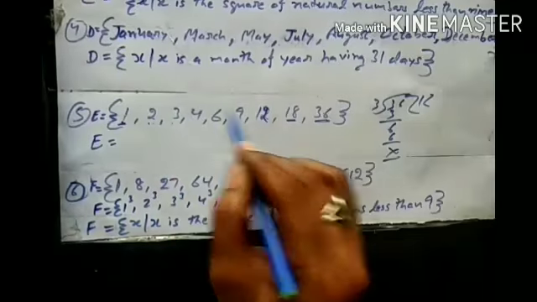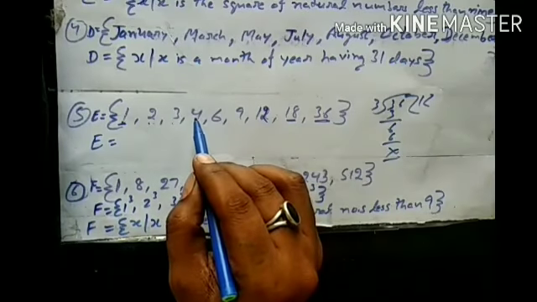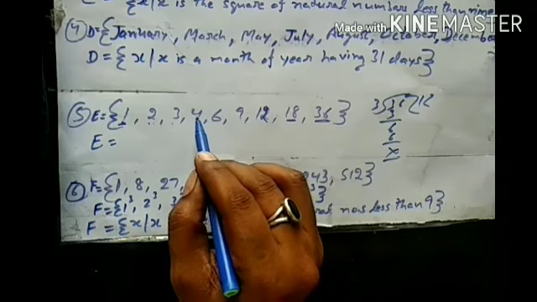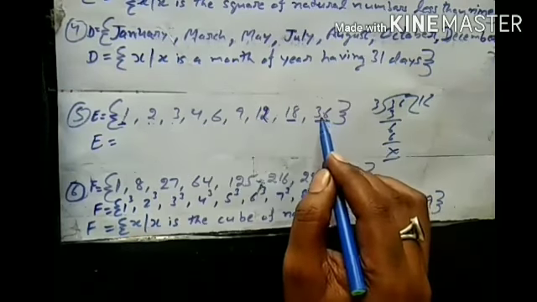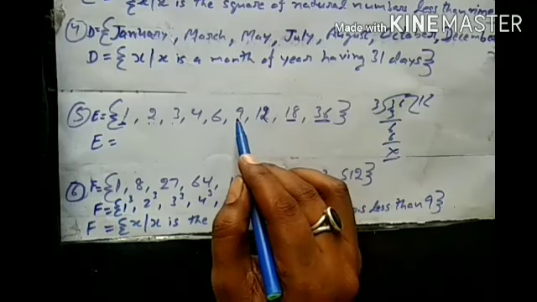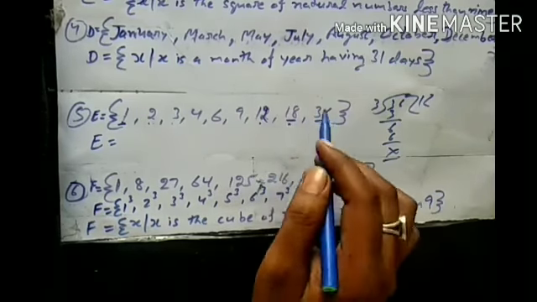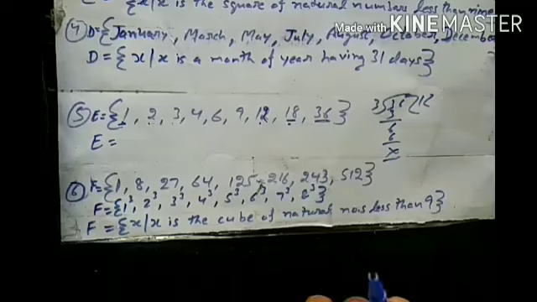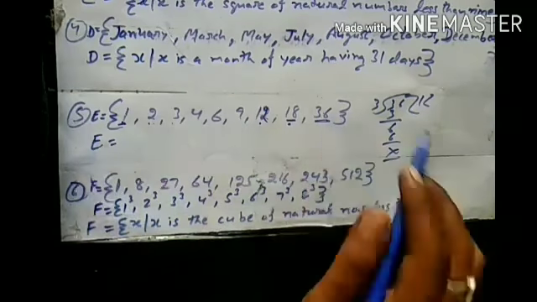So 3 can also divide 36. After that 4. If you count the table of 4, you will get 36 at the 9th place. 4 nines are 36. So it is also divisible. On the table of 6, you will get 36 at the 6th place. 6 sixes are 36. And 9 fours are 36. 12 threes are 36. 18 twos are 36. And 36 itself divides 36.